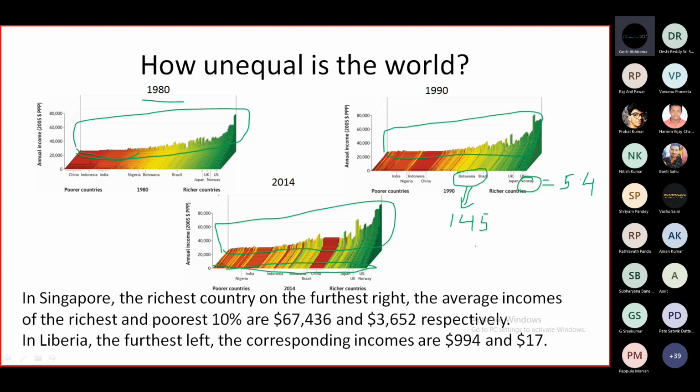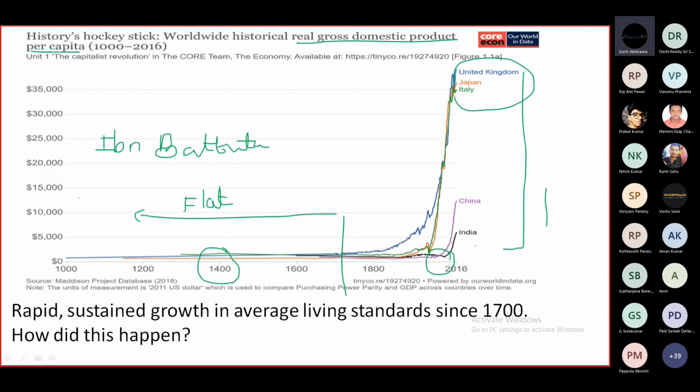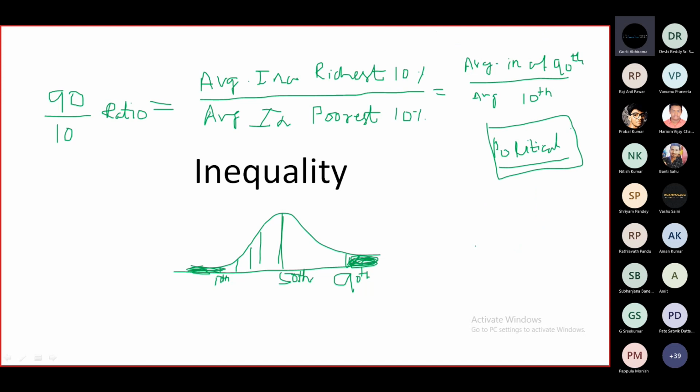So what we observe from this is that the inequality within a country also increased. And as we saw earlier, inequality among the countries has increased.